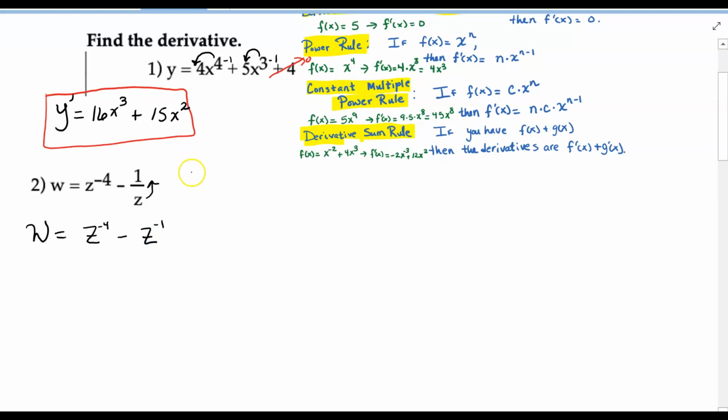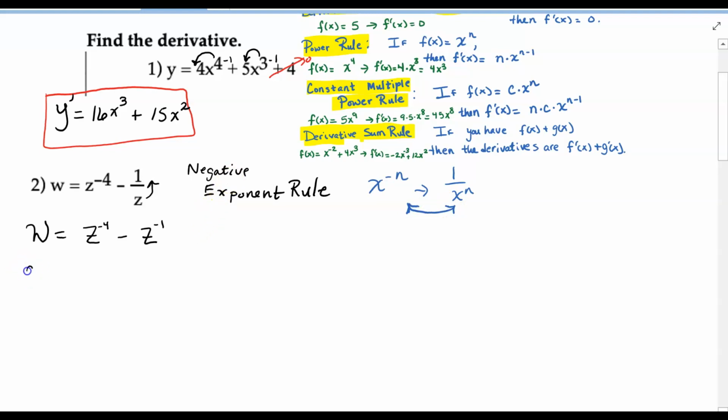You're going to recall from algebra the negative exponent rule. If you had something like x to the minus n, that's the same as 1 over x to the nth, and it goes both ways. It's interchangeable. So 1 over z was really z to the minus 1.